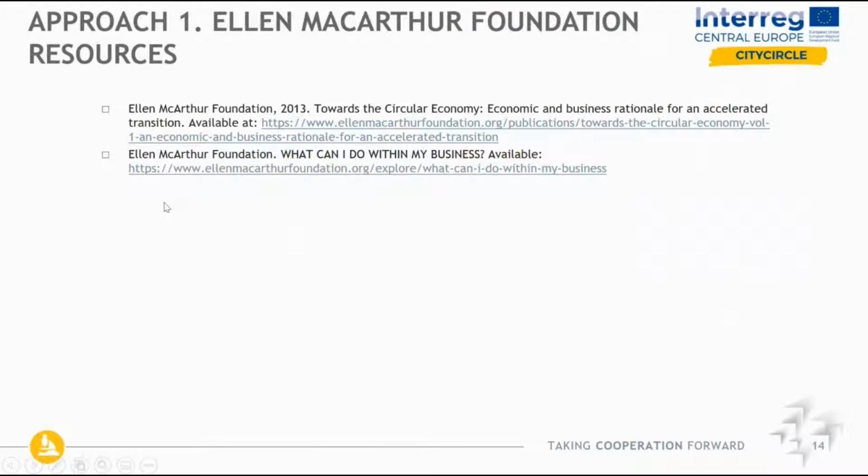For more details and for looking into how to apply this to some extent, you can find here further resources and further readings, which I recommend to have a deeper understanding of the approach and how it can be applied.